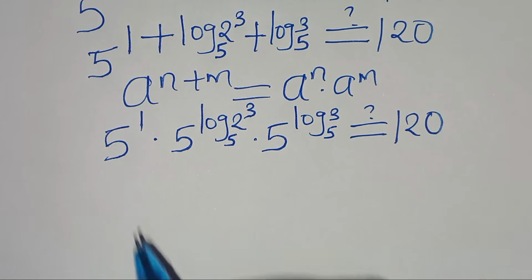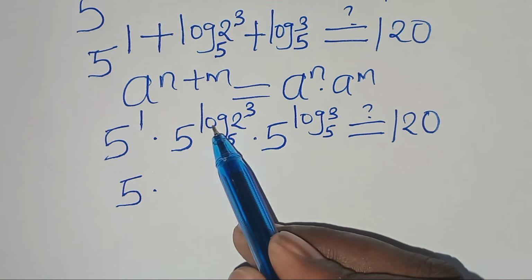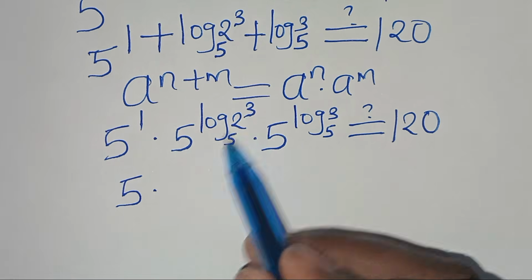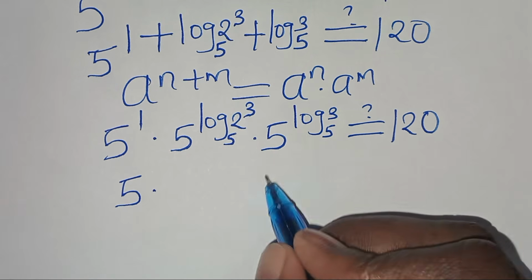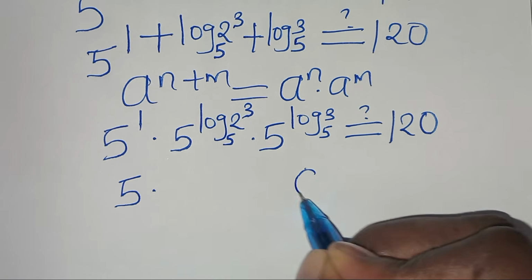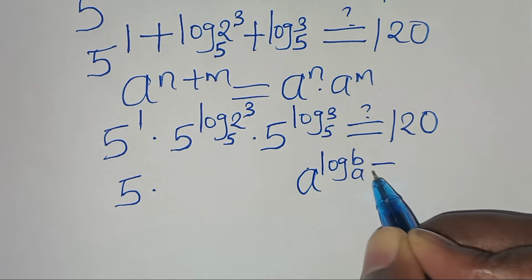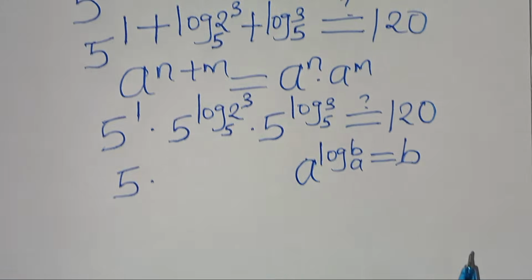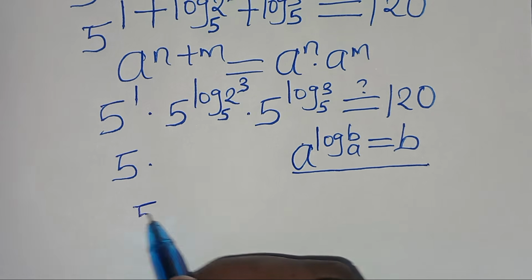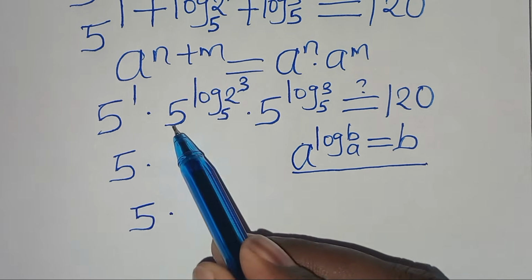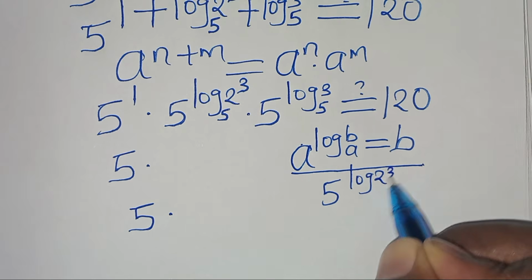Now, the next step is that we have 5 multiplying by 5 raised to the power of log 2 to the power of 3 to base 5, and 5 to the power of log 3 to base 5. This is in the form of a to the power of log b to base a, which is equal to b. Applying this logarithm property, we have 5 multiplying by 5 to the power of log 2 to the power of 3 to base 5.